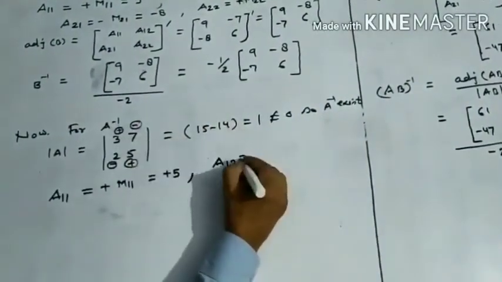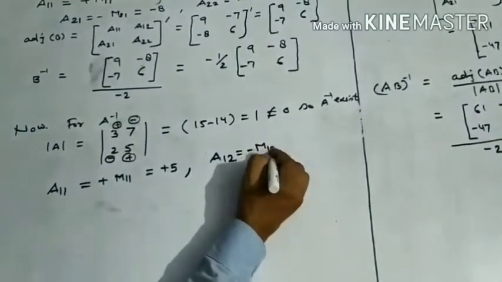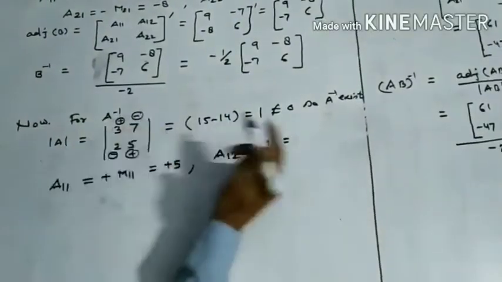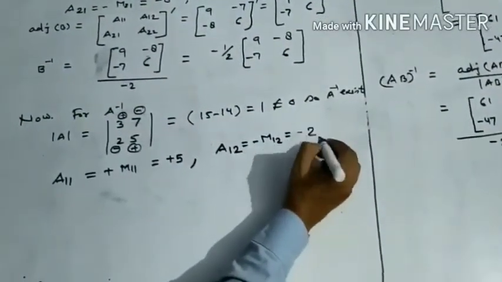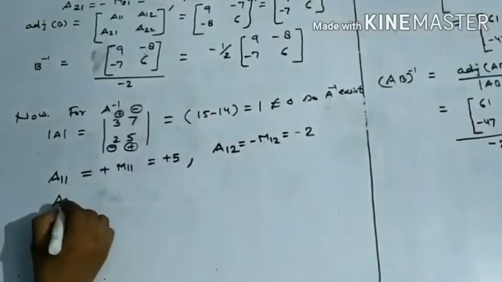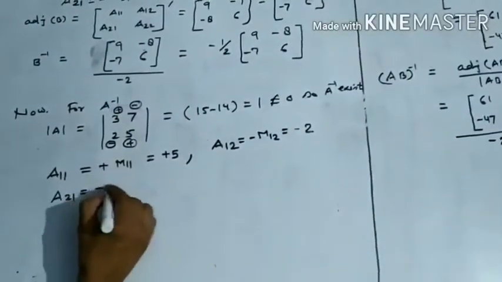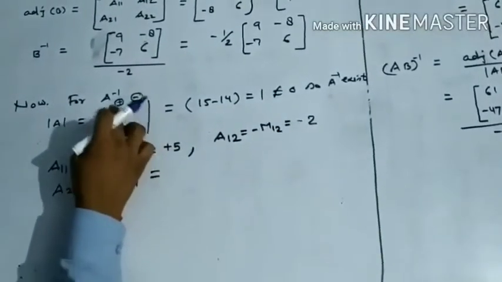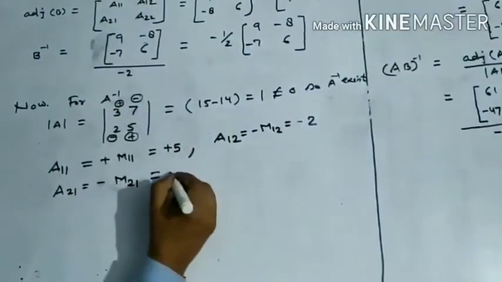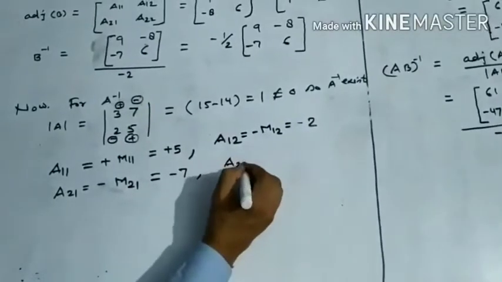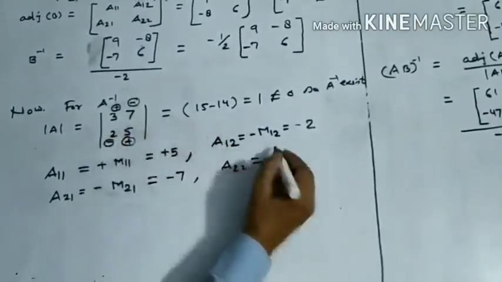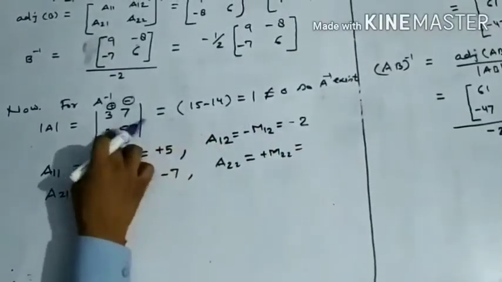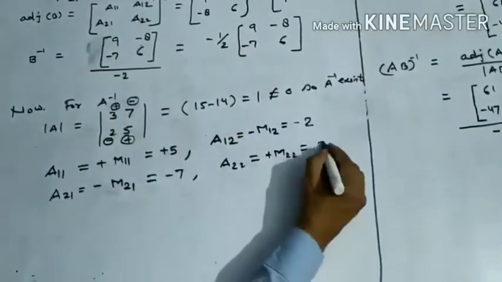So the sign has to be minus M12, or this is equal to, leave first row and second column, so this is minus 2. Now A21 is equal to sign minus M21, leave second row and first column, so this is 7, so minus 7, and A22 is equal to plus M22, leave second row and second column, so this is 3.